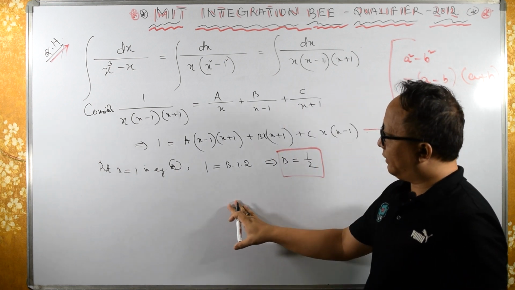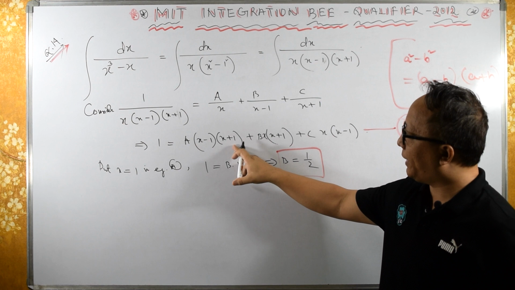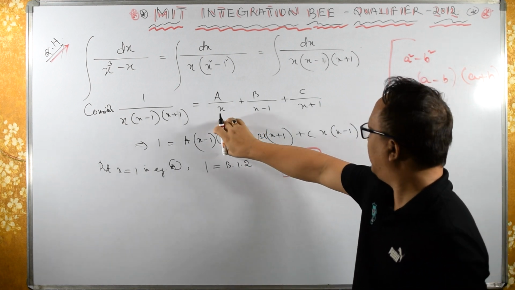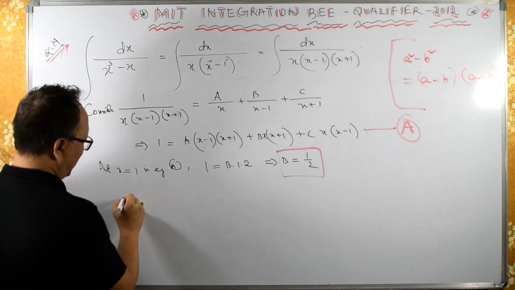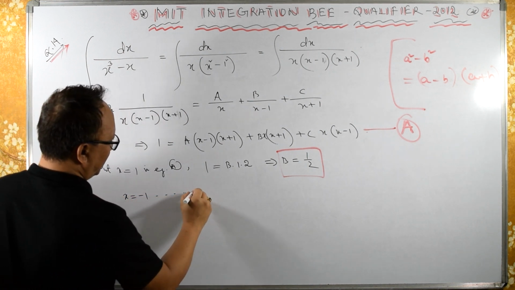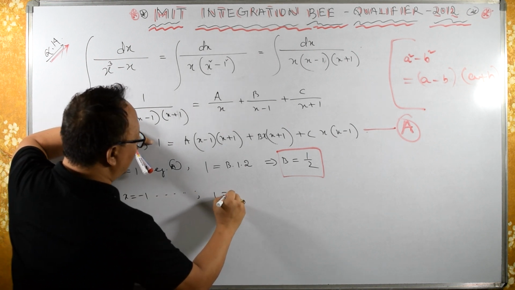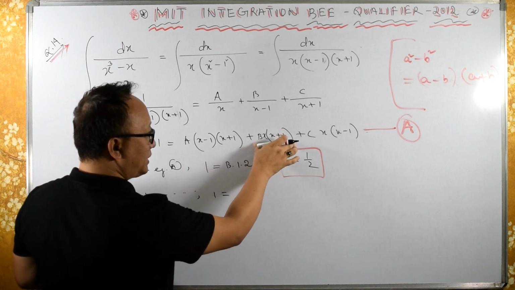Now if I substitute x equals minus 1 in equation A, the A term will get 0 as well as the B term will get 0.